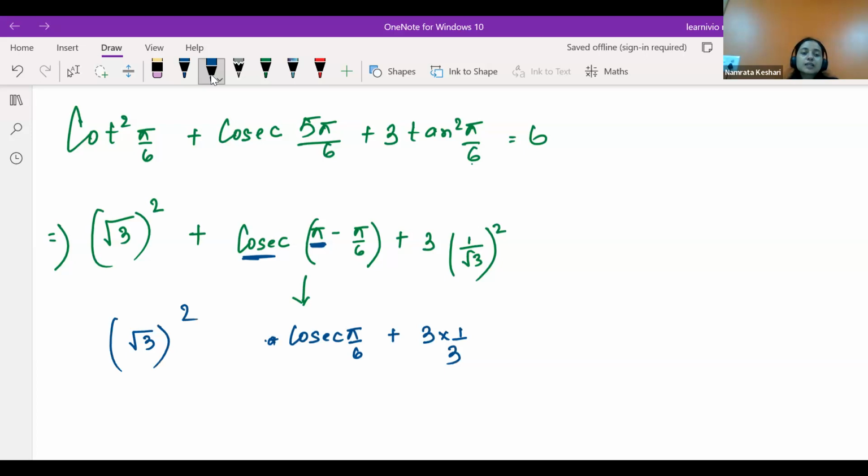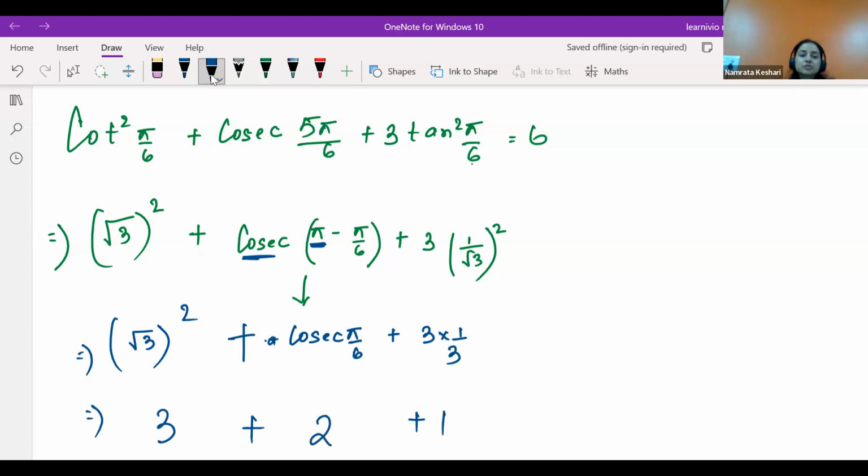Let's do the calculation. What is cosec pi by 6? Put the value. First tell me what is cosec pi by 6. Cosec 30, minus 2. Cosec 30 is just 2.